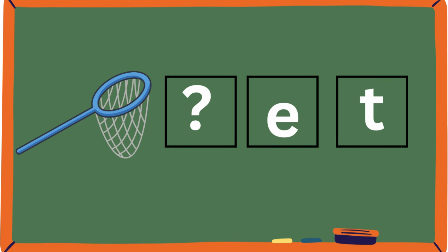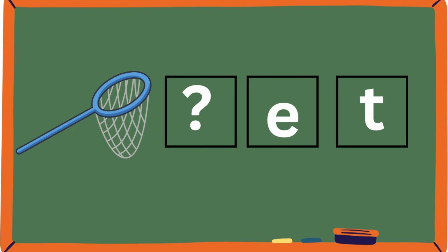This next one is okay. So, question mark, E-T. Question mark, E-T. So, the picture, I think that looks familiar. Oh, I get it. It's a net. Of course.